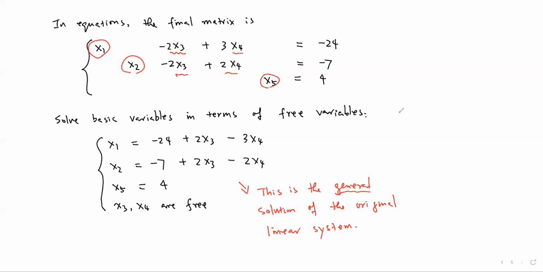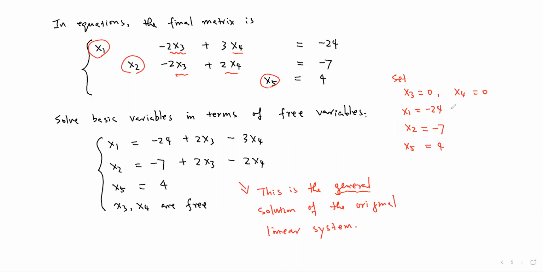For example, if I set x3 is 0, x4 is 0, plug in 0 in the first equation, then I get x1 is -24. Plug in 0, 0 into the second equation, then I get x2 is -7. x5 is always 4.